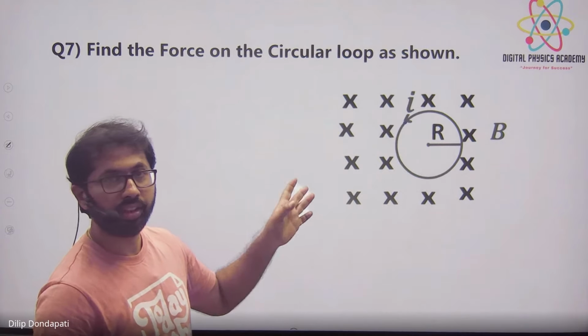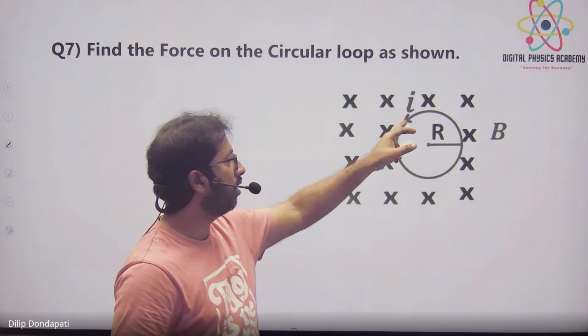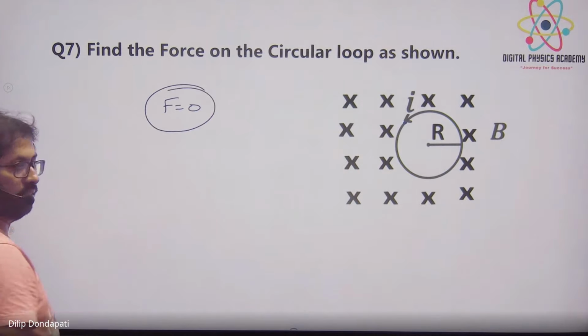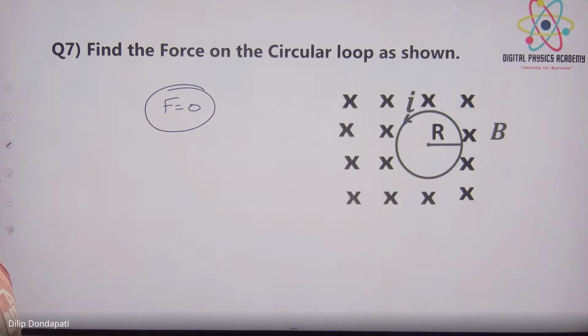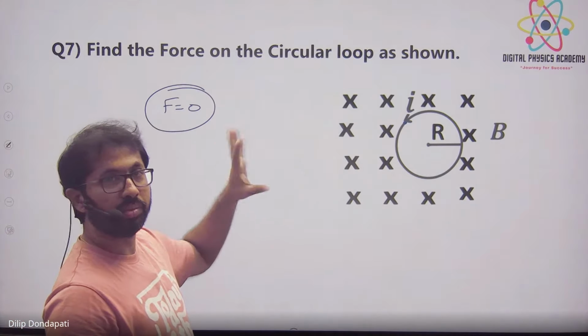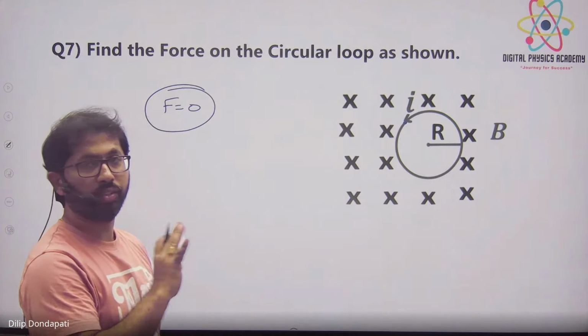Instead of taking this, we will take the displacement length: the shortest distance from the initial position to the final position. What is it? 0. So the force acting on the wire is 0, because there is no displacement length. Take any point; the initial position and final position are the same. So the force acting on the wire is 0.